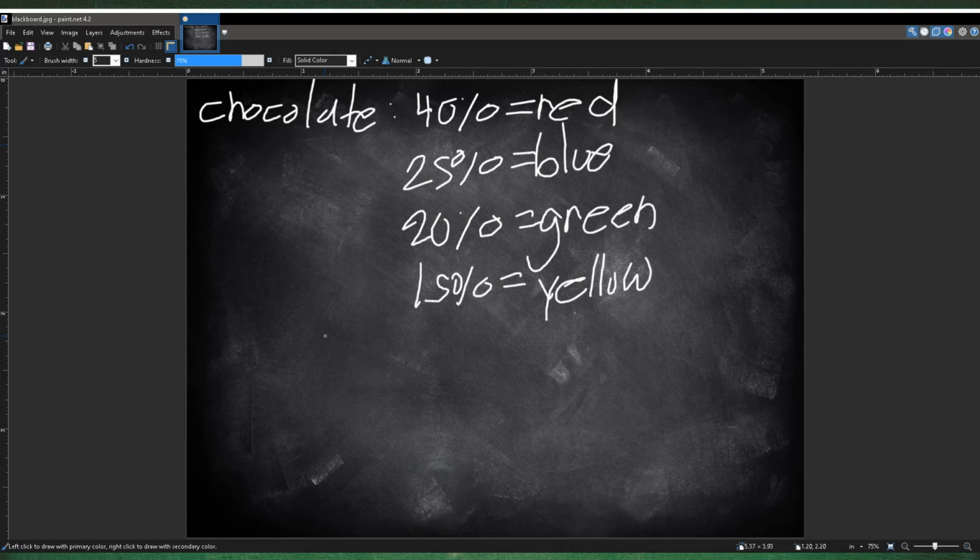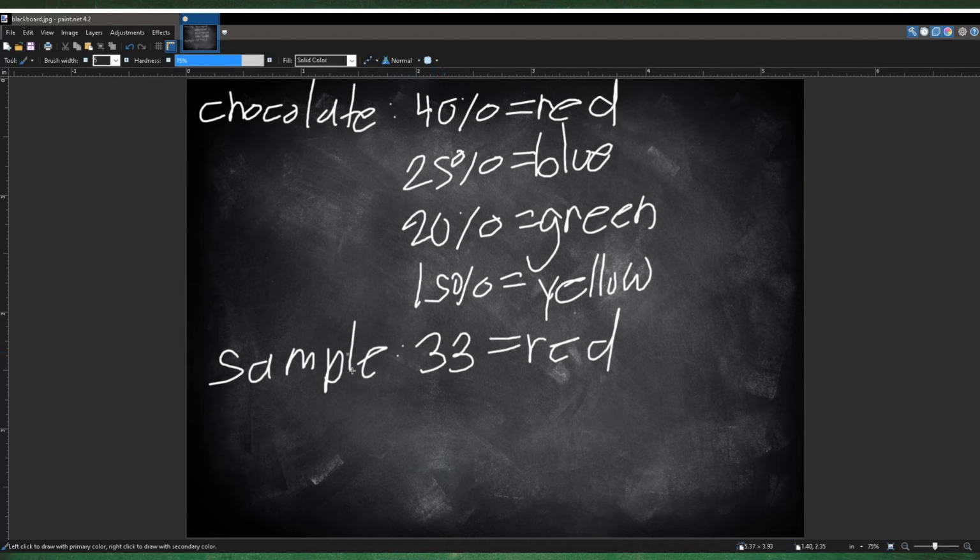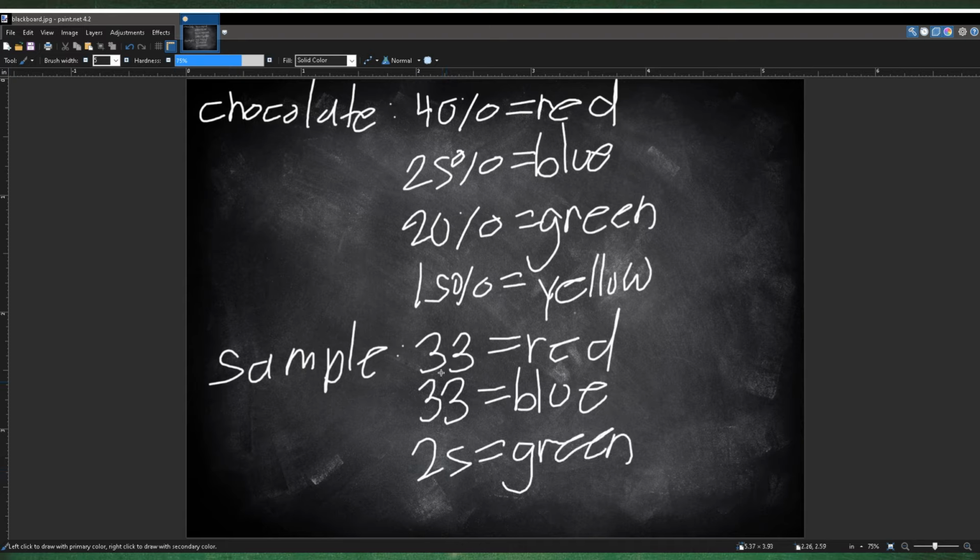And let's say your sample, based on your sample, you are given 33 red, 33 blue, 25 green, and 9 yellow.